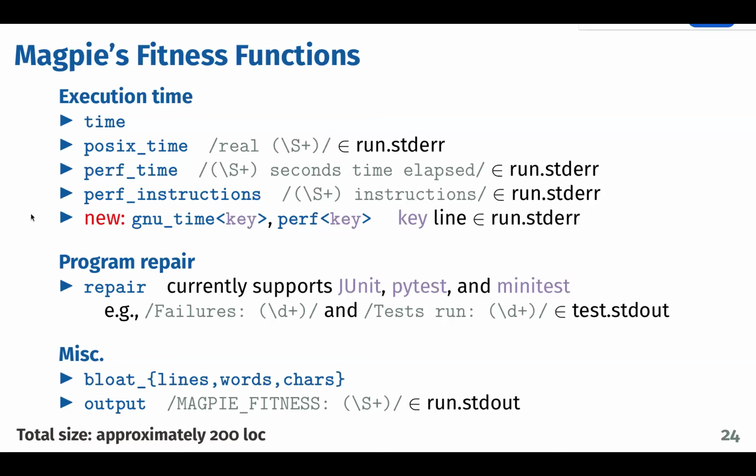So if you use, again, I have that in a later slide, perf within angle brackets instruction, it will look at the line in the standard error that contains the instruction, and it will take the value that is just before or after. So that you don't have to implement 10 different fitness for perf. If you want 10 different counter, you can just write it in one line in the scenario file.